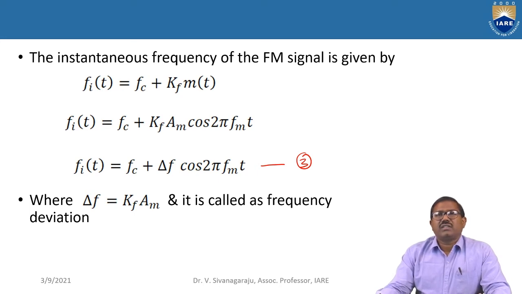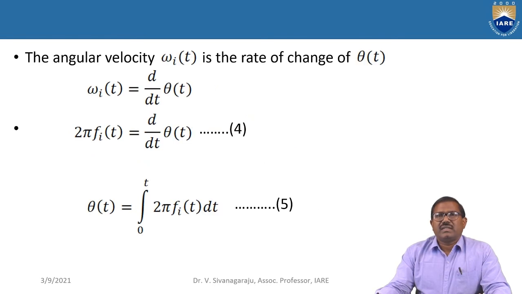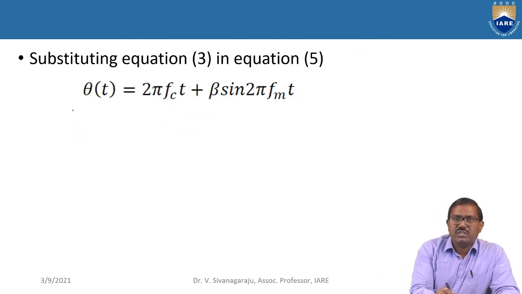This is our third equation. And theta of t is equal to integral of 2 pi fi of t dt. This is our fifth equation. So substituting the fi of t value in this equation, we are going to derive this one.